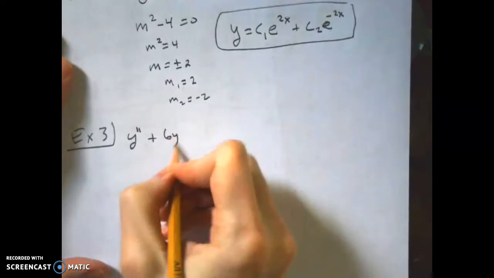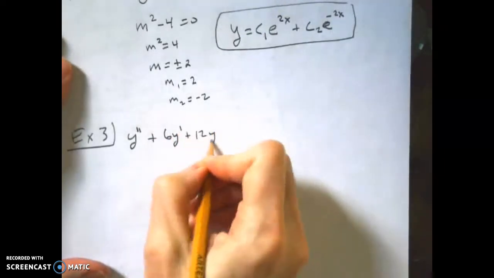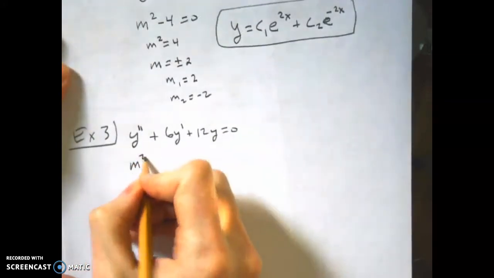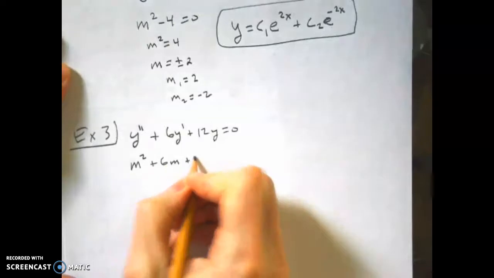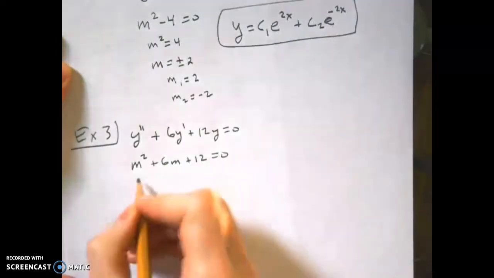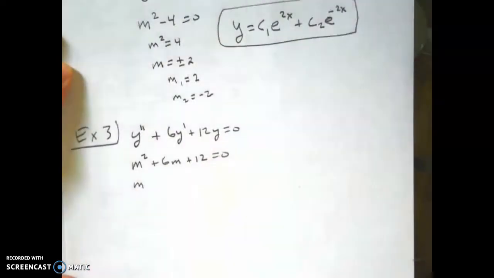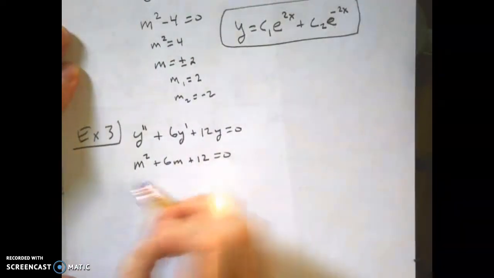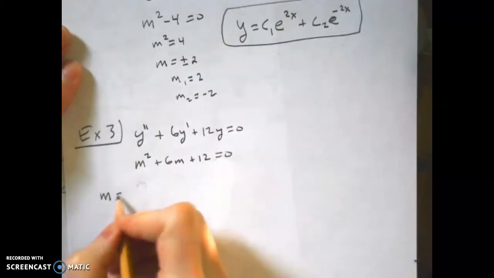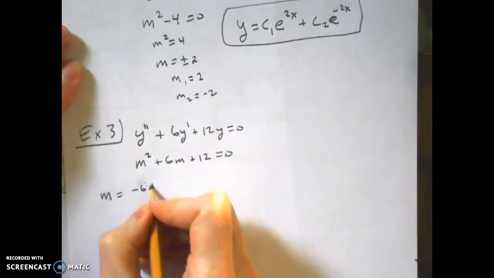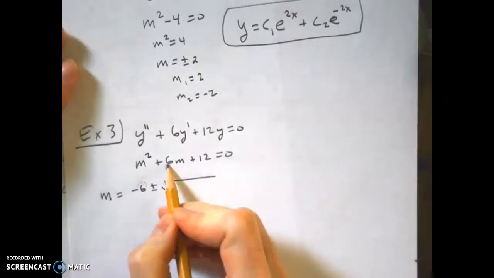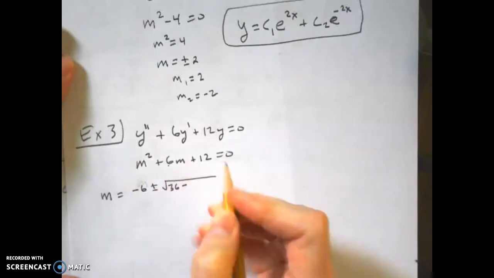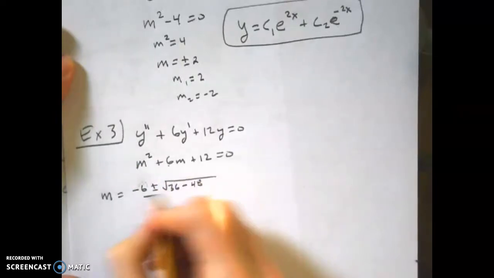y double prime plus 6y prime plus 12y is equal to 0. Our characteristic equation is going to be m squared plus 6m plus 12 equal to 0. Oh, that doesn't factor. Okay, so we're going to get m equals opposite of 6 plus or minus square root of b squared, 36 minus 4 times 1 times 12, so minus 48, all over 2.